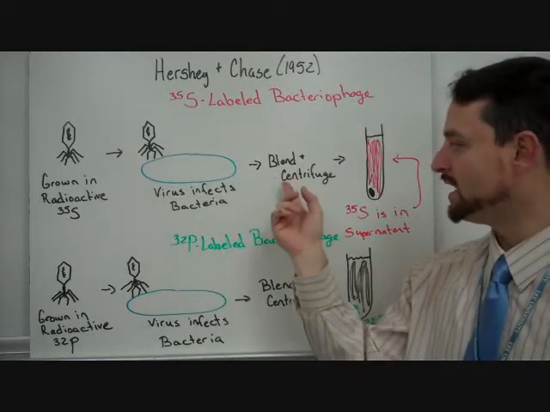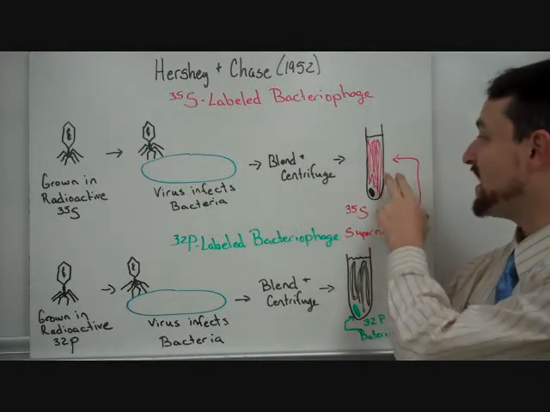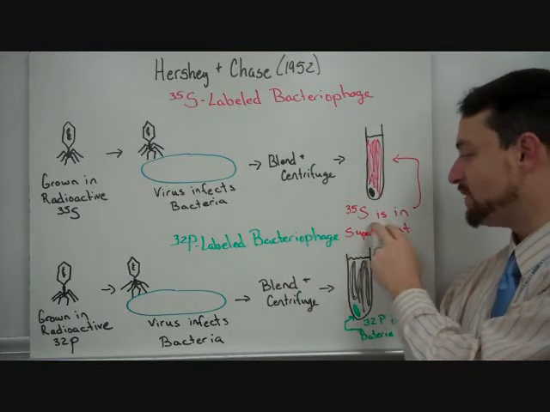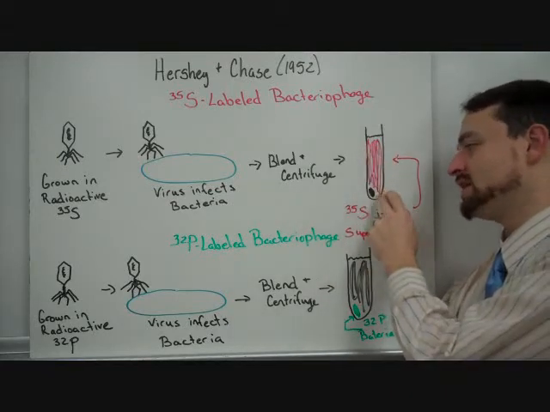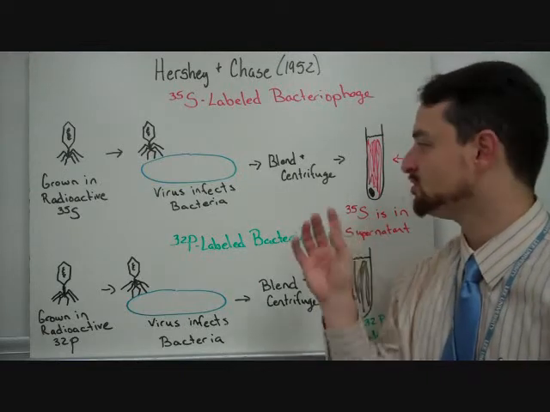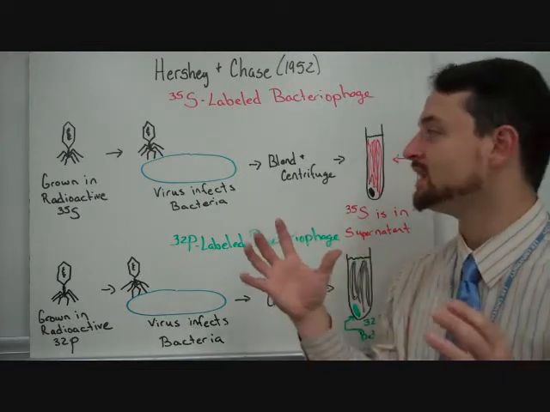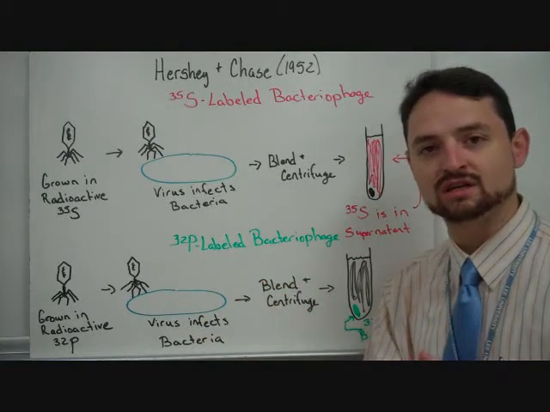Then they would blend and centrifuge the cultures, and what they found was that the radioactive sulfur was actually out here in the liquid, not in the bacteria. So the sulfur, or the protein, was actually being left out here on the outside. It wasn't being injected into the bacteria.